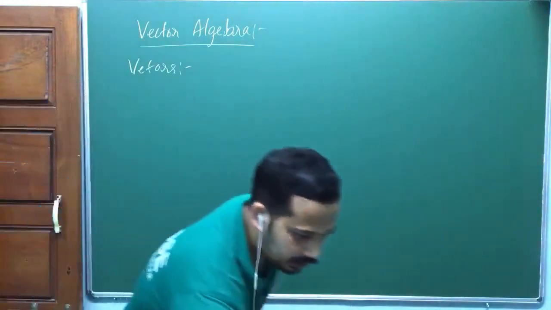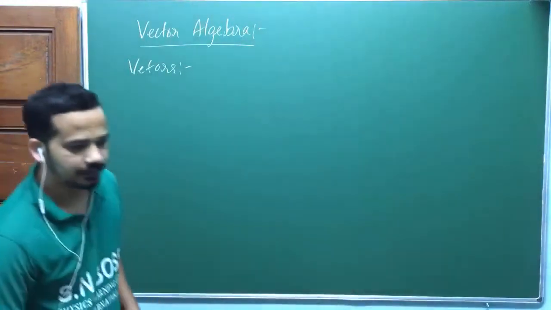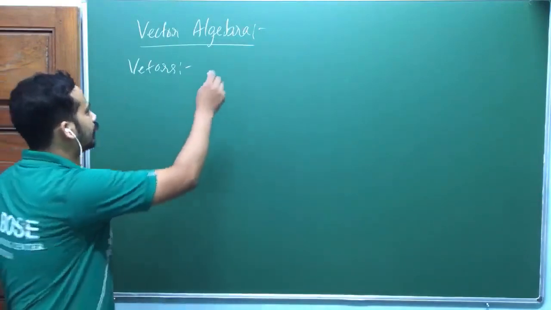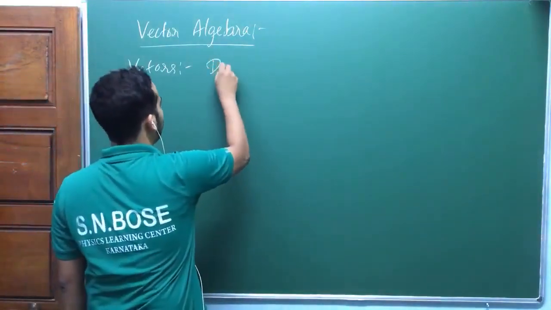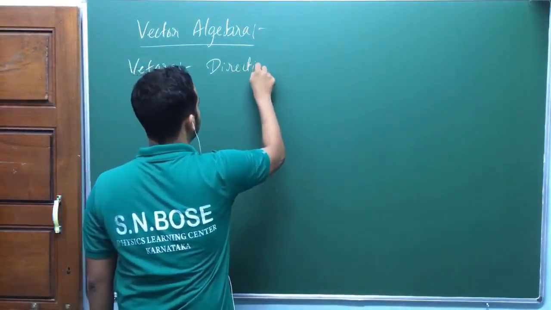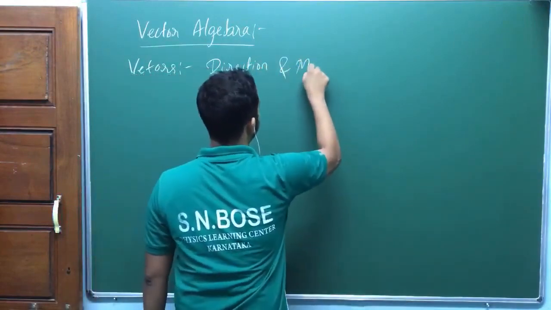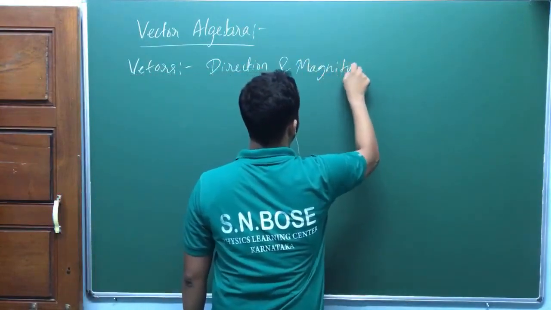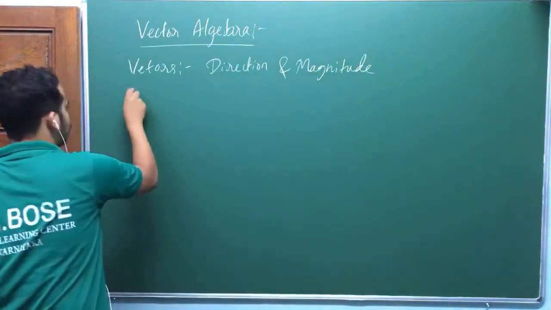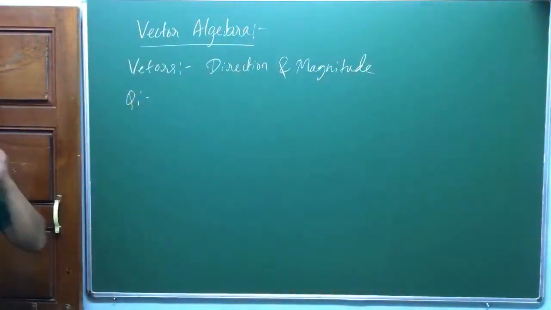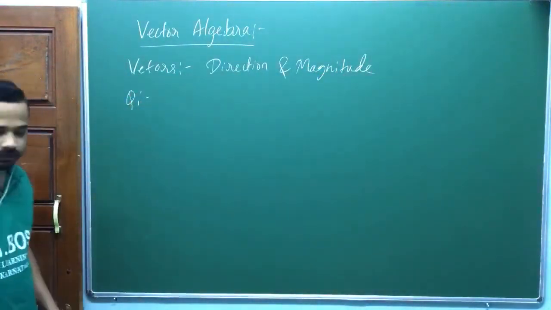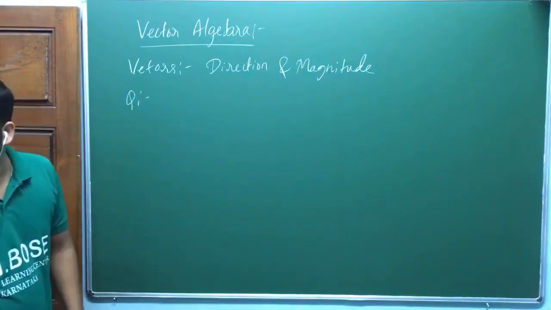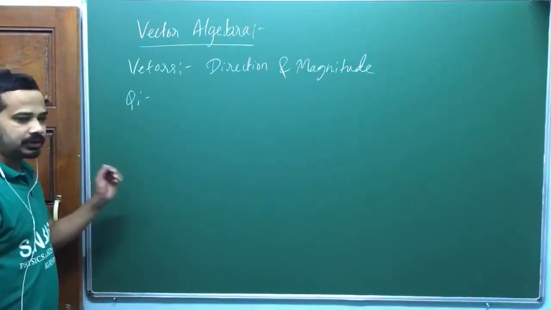Let me raise some questions here. If you define vectors as a quantity which has direction and magnitude, let me ask one question.